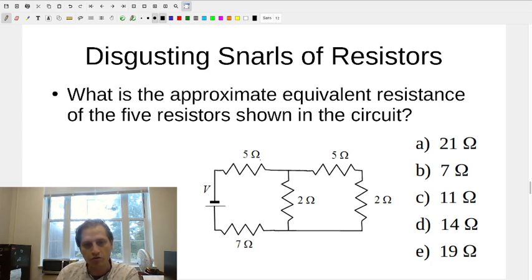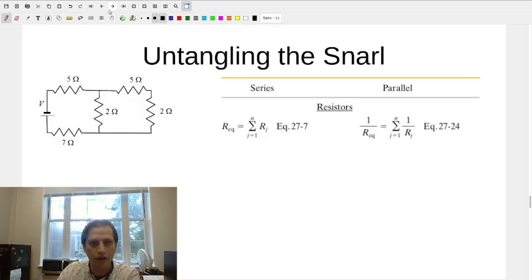Now I'm going to redraw this a little bit because the way that it's drawn right now, a lot of students look at this and say, this looks to me like those two are in parallel. But remember, I can redraw this however I like, just so long as I don't break any wires. So I'm going to draw it like this. There's my 5 ohms.